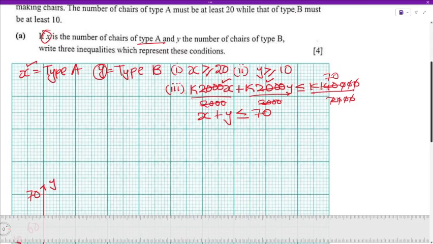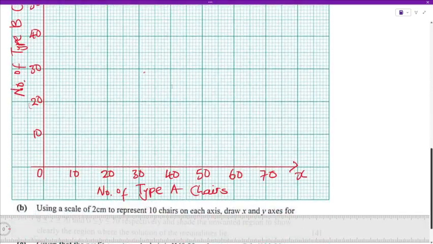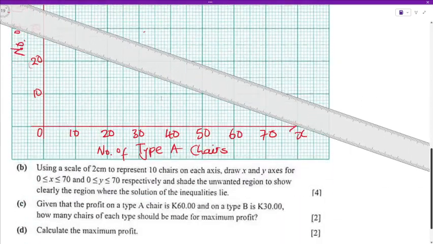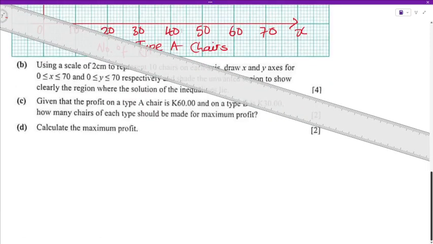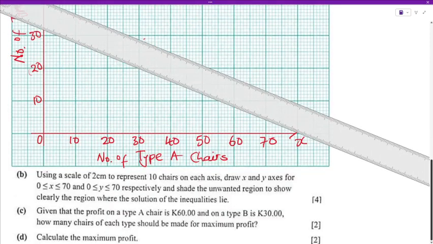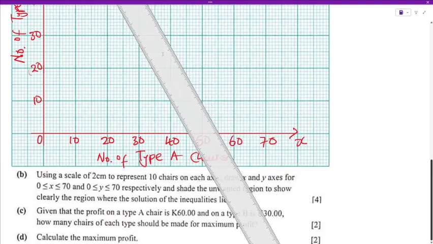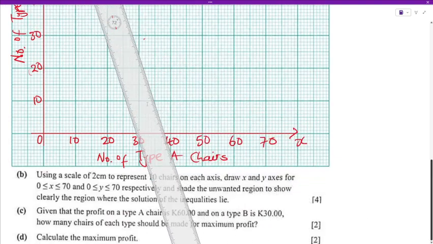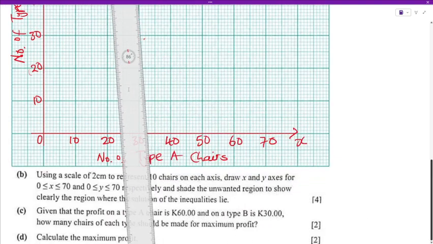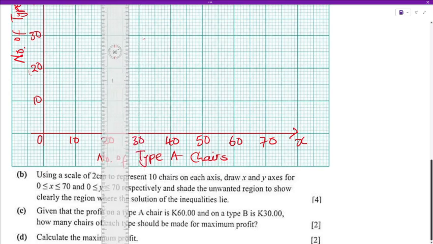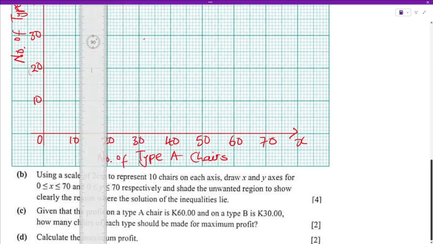So the first one is x is greater than or equal to 20. So we go to our x-axis, x is greater than or equal to 20. That's the inequality we're trying to draw. Okay, so the inequality is x is greater than or equal to 20.